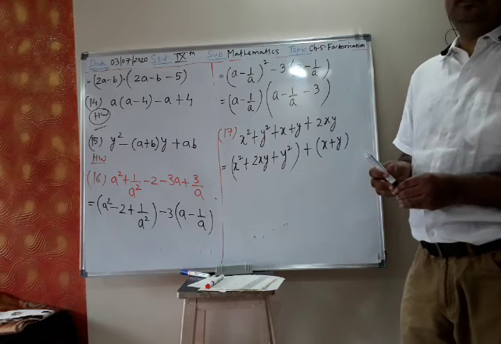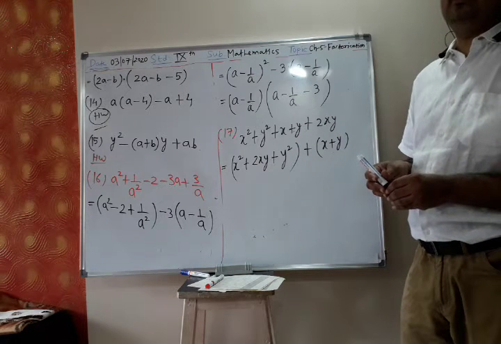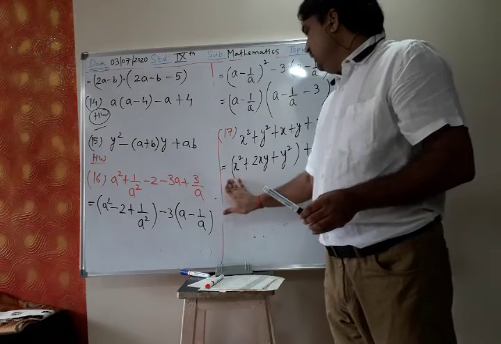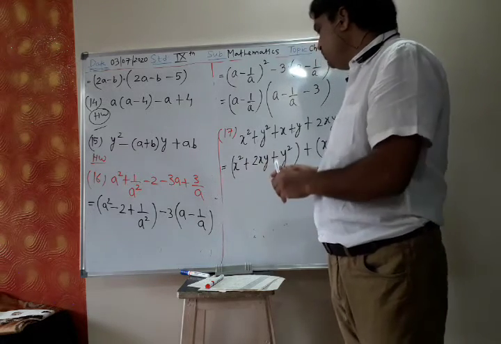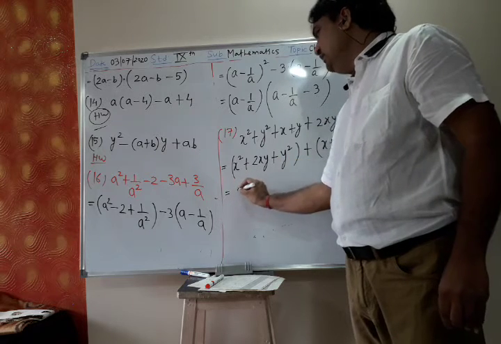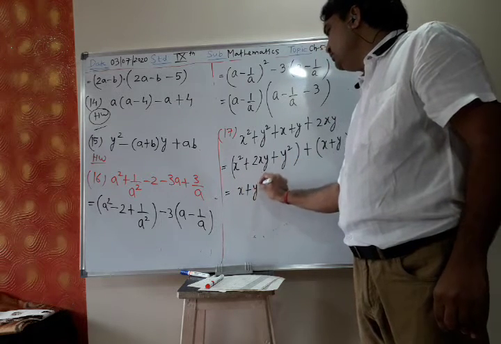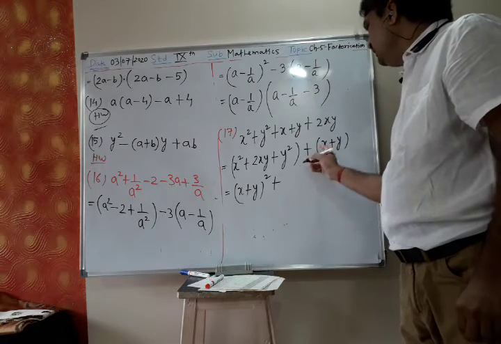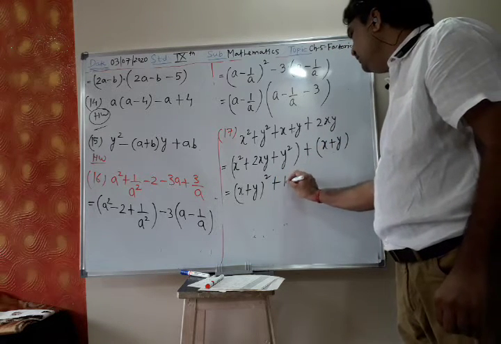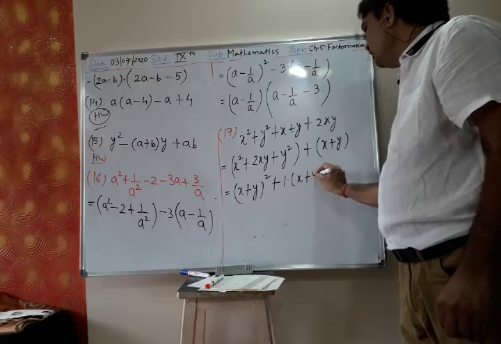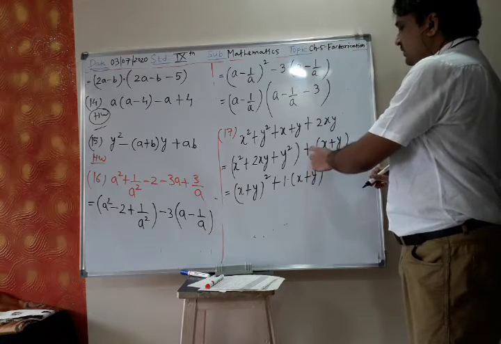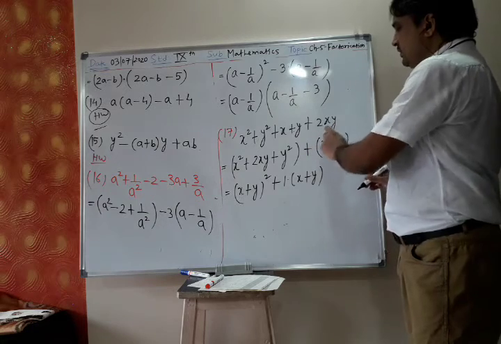Now we know the formula. What is a square plus 2ab plus b square? So x square plus 2xy plus y square will be x plus y whole square, plus x plus y. Plus x plus y means 1 into x plus y. Plus means it is plus 1, minus means it is minus 1.